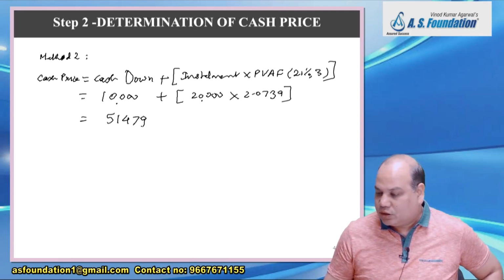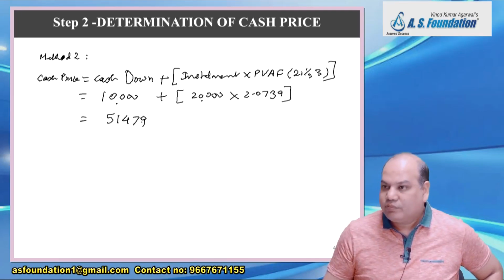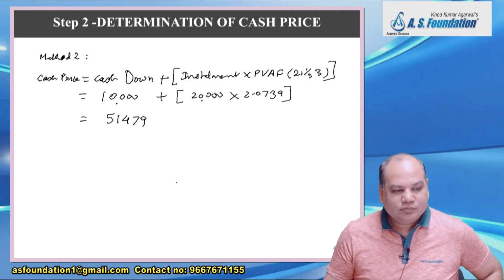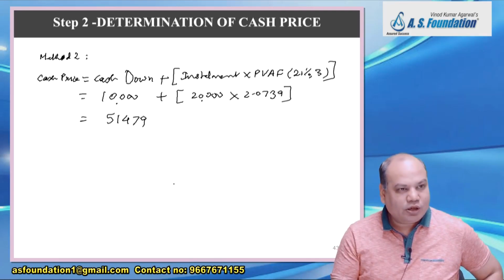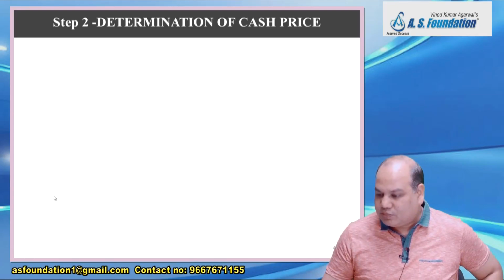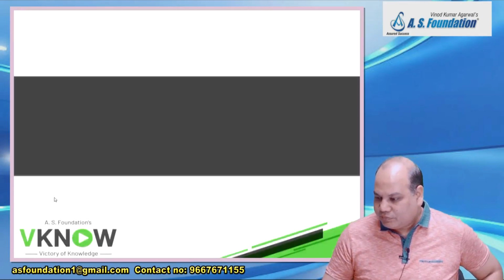Is it matching with our tabular format? If they only ask cash price, this is enough. But if they ask interest included in each installment, then tabular format. All of you have noted down this much? You should know whatever maximum ways you can reach the answer.